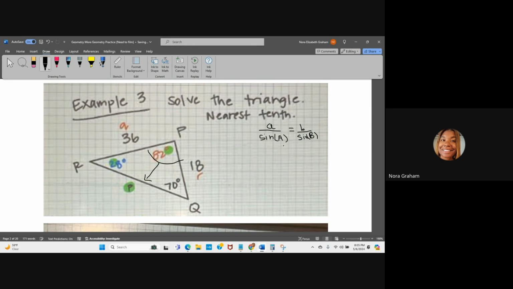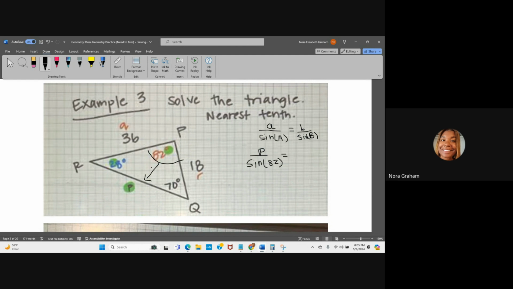So again, I write P over sine that's corresponding with that, which is going to be 82. And then I usually pick another side that's already given to me.